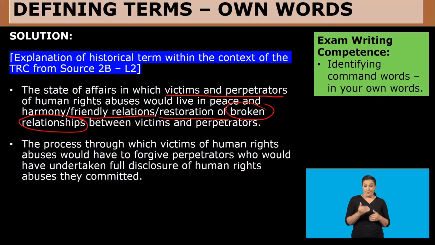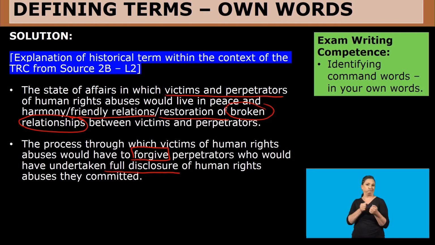Another possible response or explanation of the word reconciliation is the process through which victims of human rights abuses would have to forgive. So this word forgiveness is very important because how else do you reconcile if you have not forgiven the perpetrator? Okay, so they would have to forgive perpetrators who would have undertaken full disclosure.